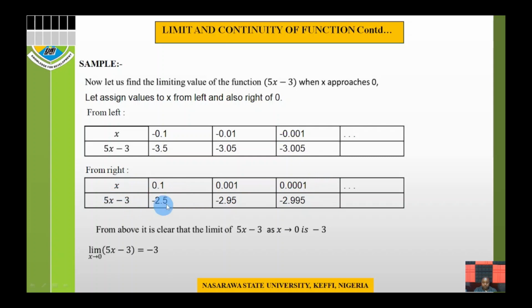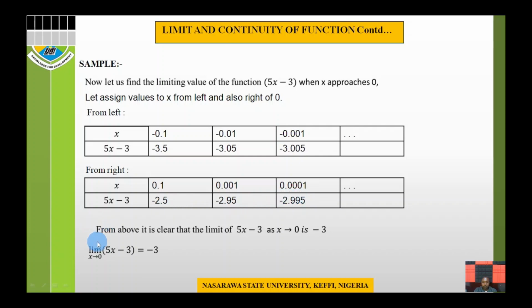If you substitute the values of x in the function, you have f of x equals minus 2.5, minus 2.95, and minus 2.995. So from the second table also, you observe that the value of your f of x is approaching minus 3. It's becoming closer and closer to minus 3.